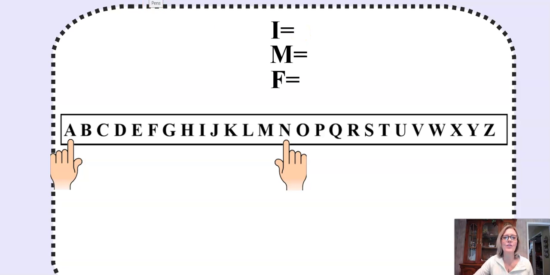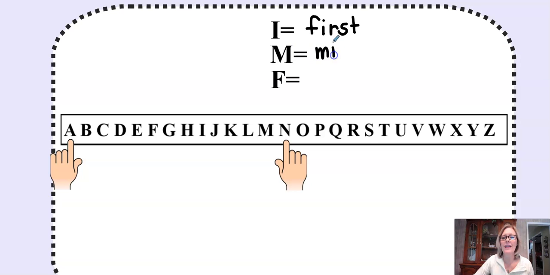And initial represents first. Okay, so I'm going to write that here. So what is the initial letter of our alphabet? Well, because initial means first, we're looking at the first letter. That would be A. Okay. M. What does M represent? Medial. Okay, and medial means the middle. So I'm going to put middle right here.